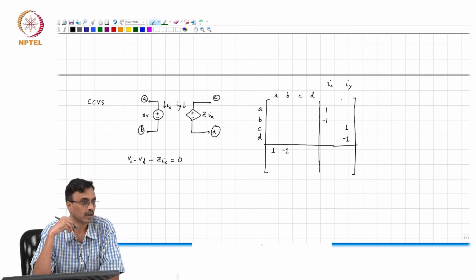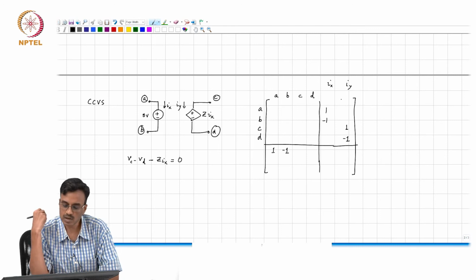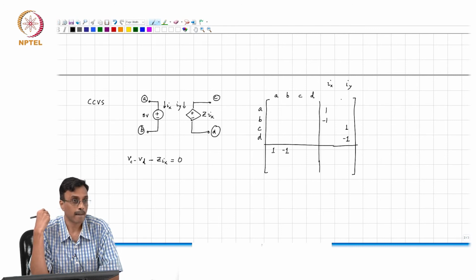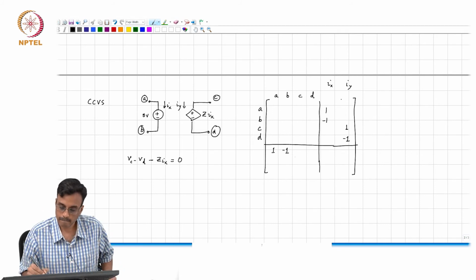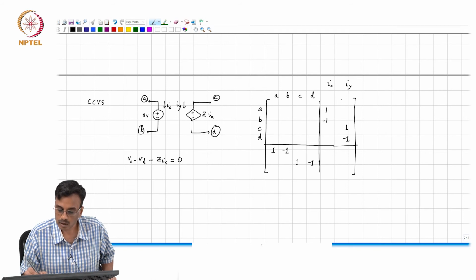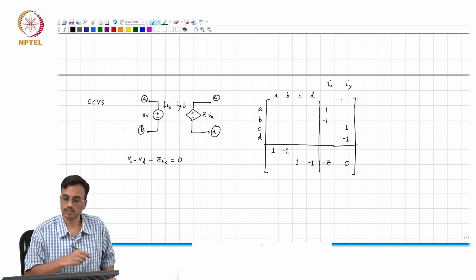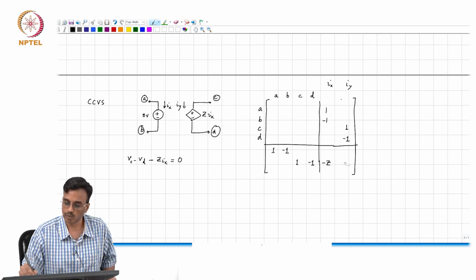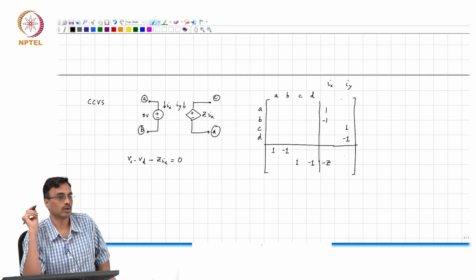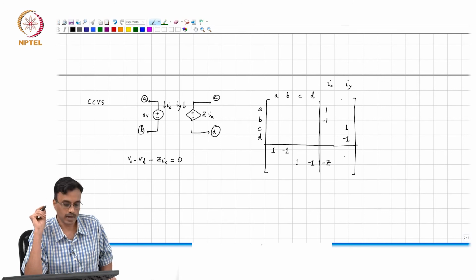So that equation is 1, minus 1, minus Z, and the entries which are not there are all assumed to be 0. So, this should be good.